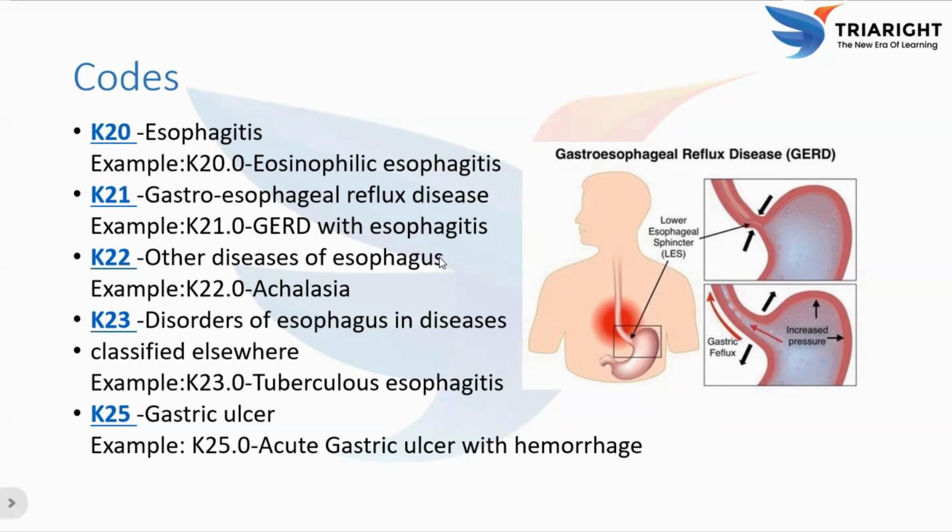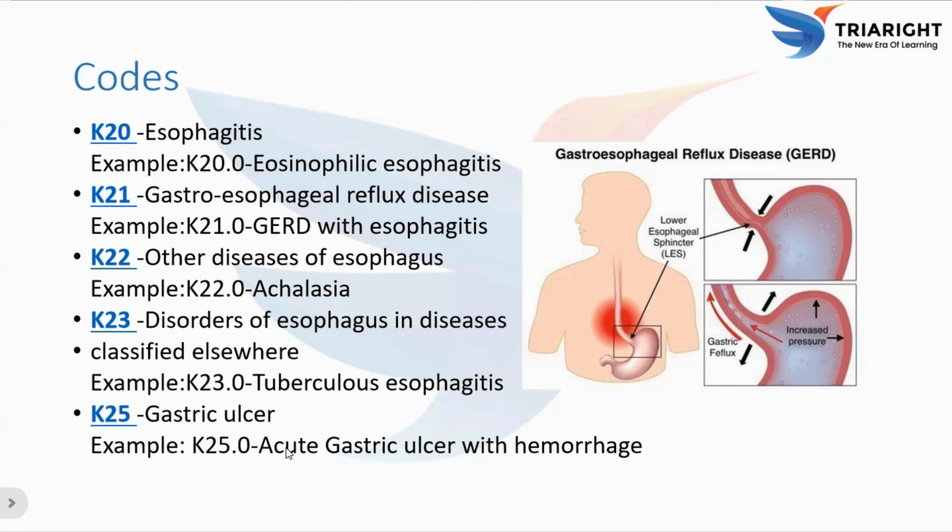Whenever another disease takes place, the secondary esophagus condition is classified in K23. For example, K23.0, what is it? Tuberculous esophagitis. Always use this in addition to the main disease code because it is a secondary classification, right? So it is always used in addition to the main code.